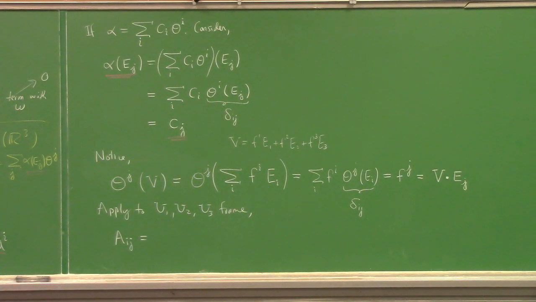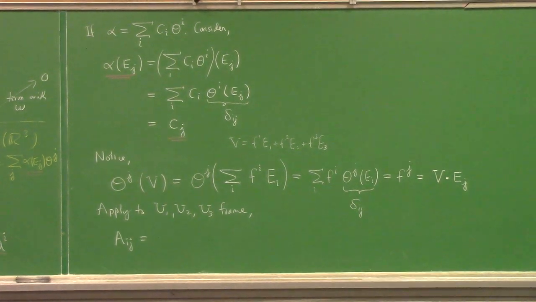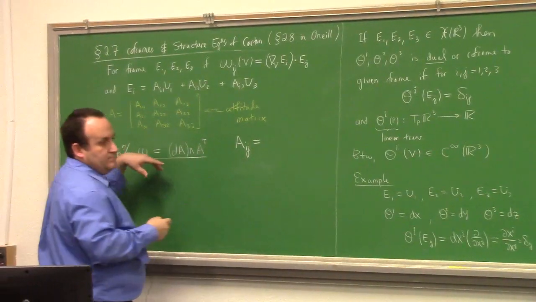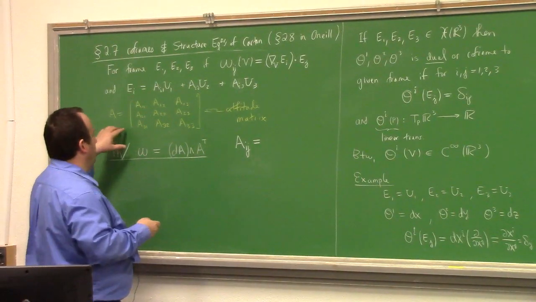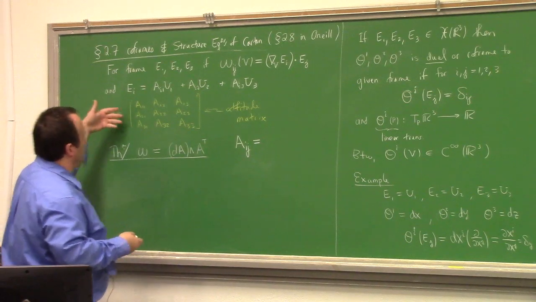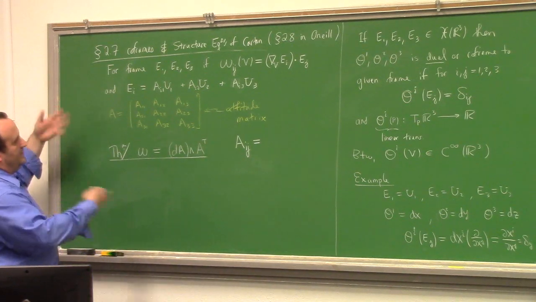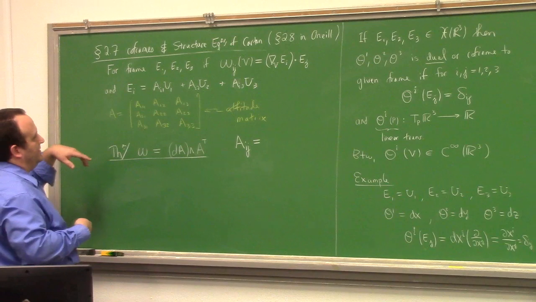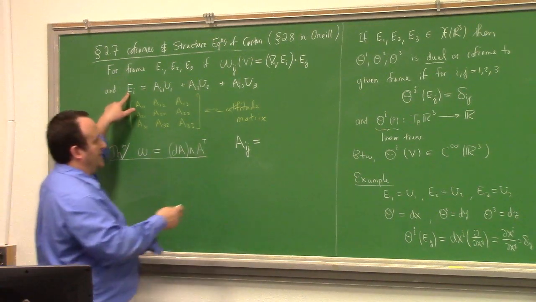So if you guys would go back over here, if you look at this, what's the formula for Aij? It would be Ei dot what?